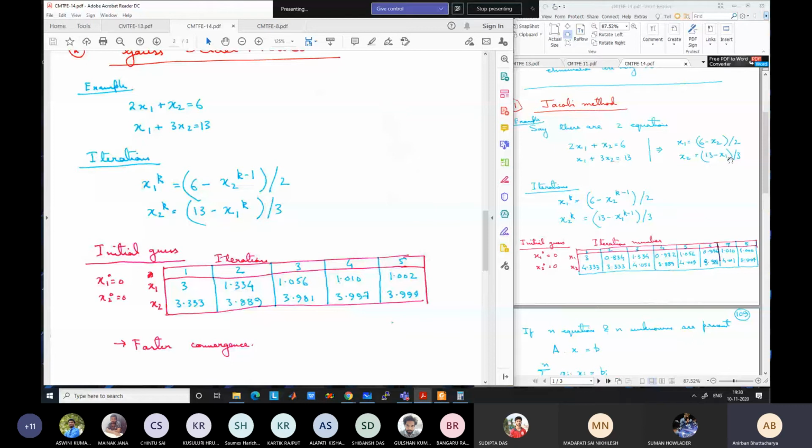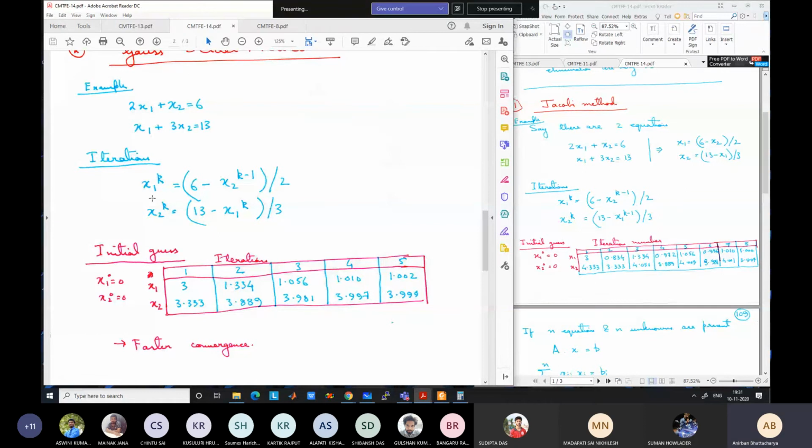So x1^k equals 6 minus x2^(k-1) divided by 2. But after this calculation, the x1 kth iteration value is already known. So why am I going to use the previous iteration value? I can just use the current iteration value because we have calculated it. So x2^k is equal to 13 minus x1^k divided by 3.